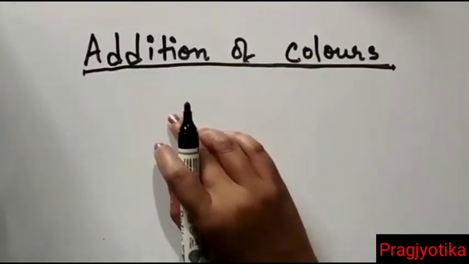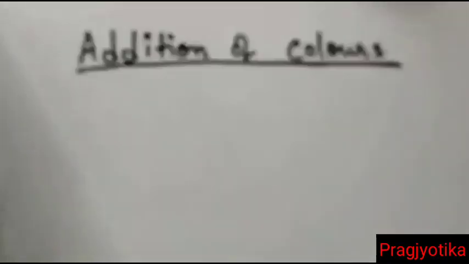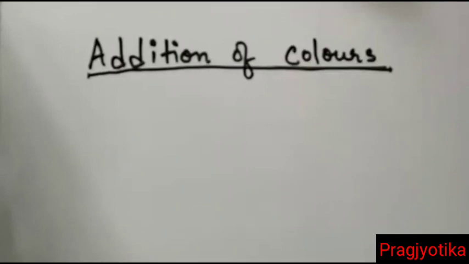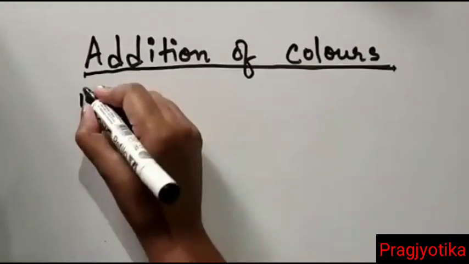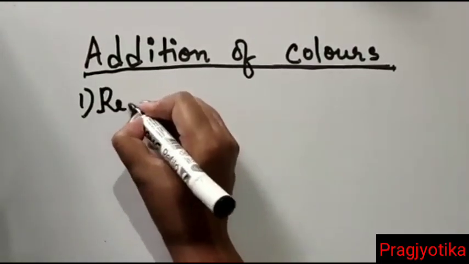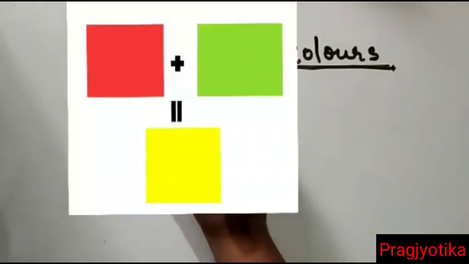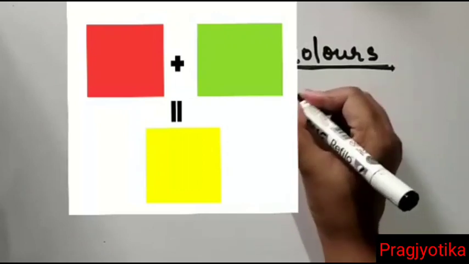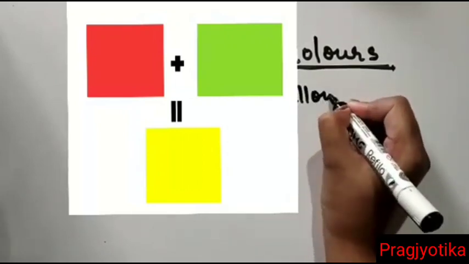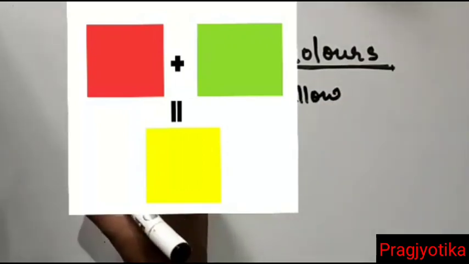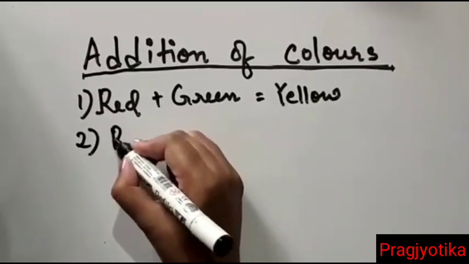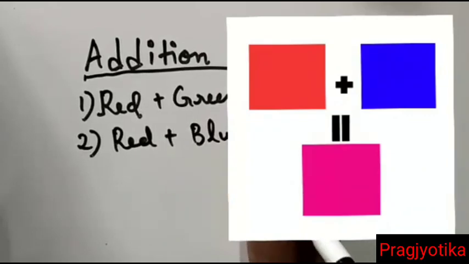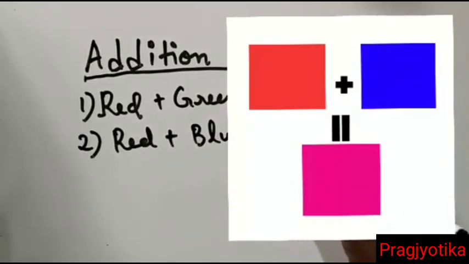Now our next topic is addition of colors. So what will happen if we add different colors of light? So let's see. If we add red and green color of light, we get yellow color. And if we add red and blue color of light, then we get magenta color.